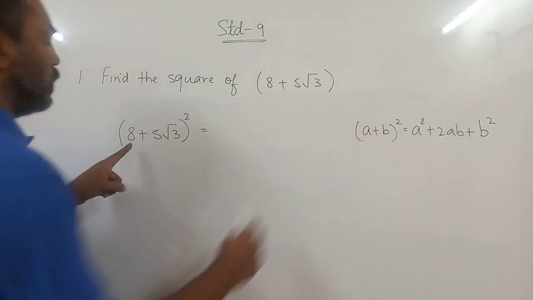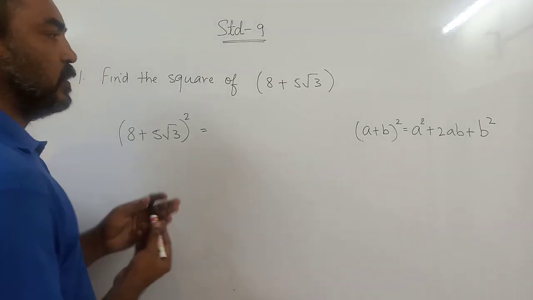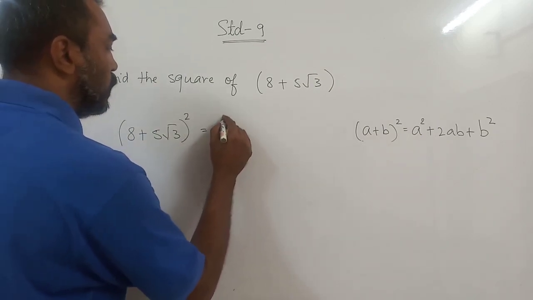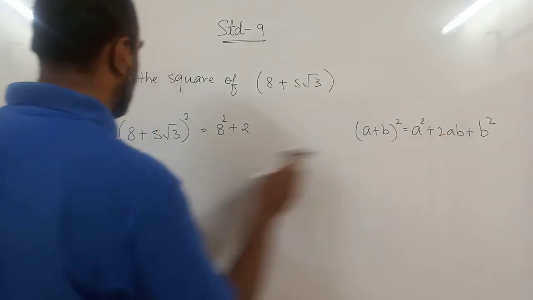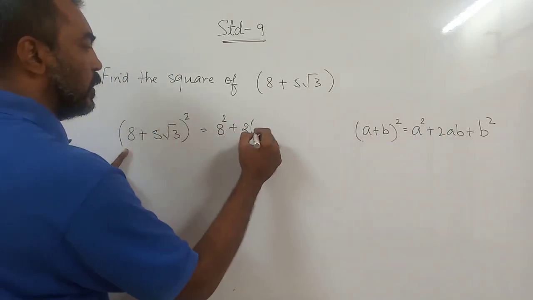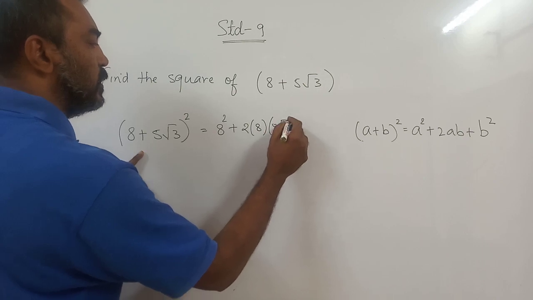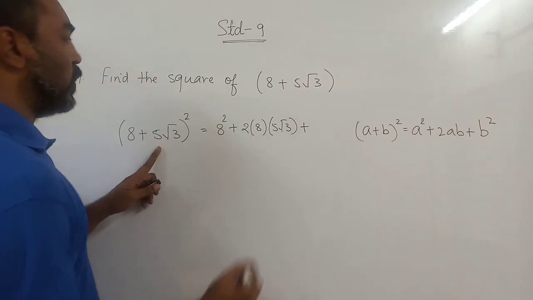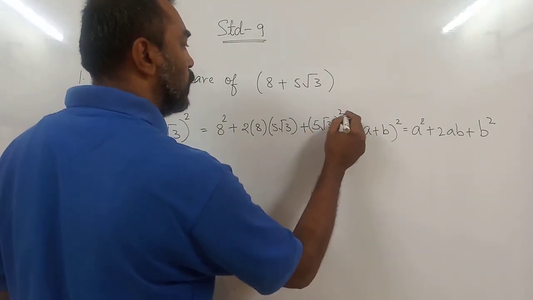So when I write A square, I should write 8 square, plus 2AB, where A is 8 and B is 5 root 3, plus B square. What is your B? 5 root 3. So 5 root 3 the whole square.